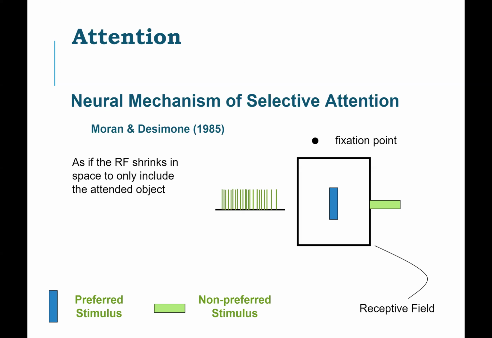But the effective receptive field can shrink, meaning that the cell could become responsive to only a part of its receptive field because of top-down modulation. Now, this is what attention is. When you're spatially attending to an area, you're modulating this pathway in a way that the effective receptive field shrinks.